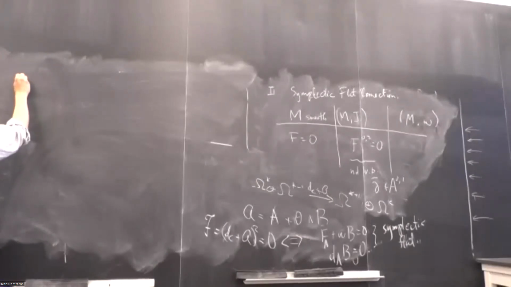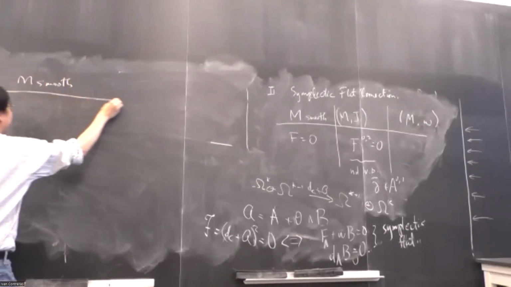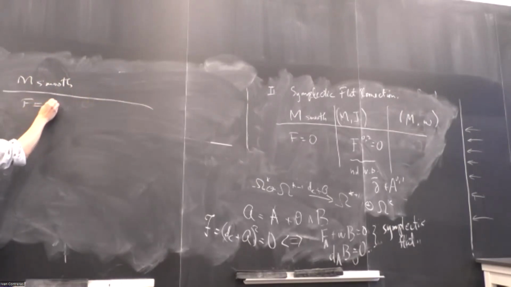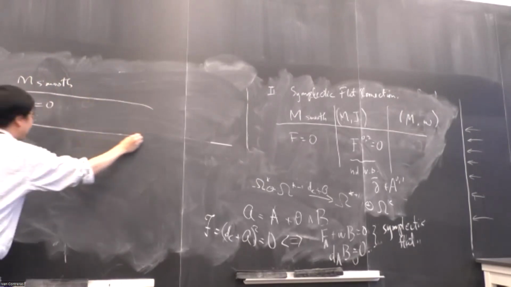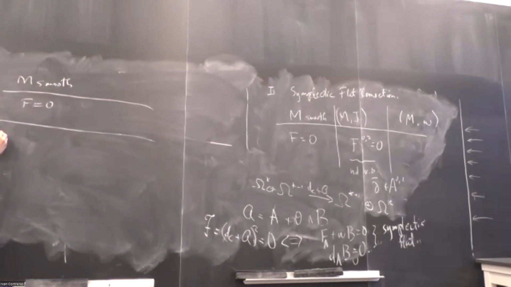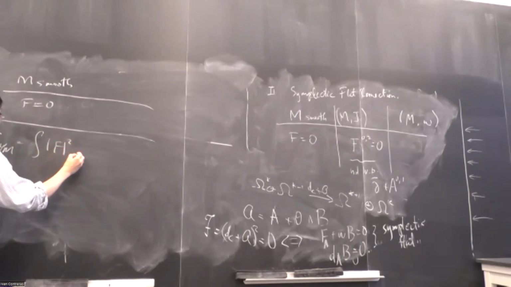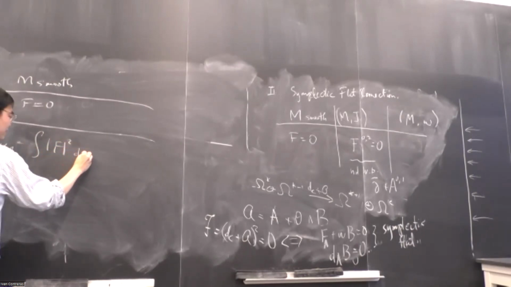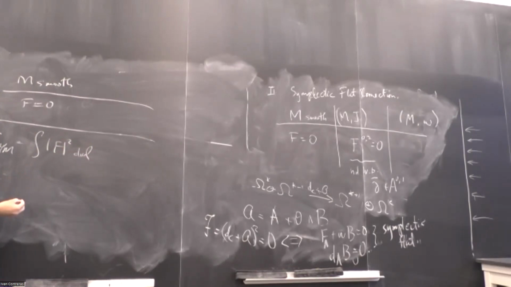Usually in the smooth case, the flatness condition is F equal to 0. The nice functional that people consider is the Yang-Mills functional. In this case, you look at F squared integrated against the volume. What is nice about this is that the zeros of this functional are naturally flat connections.